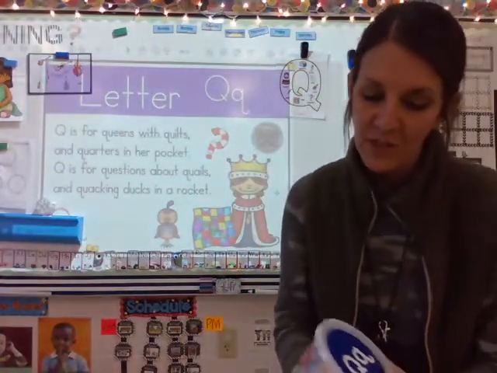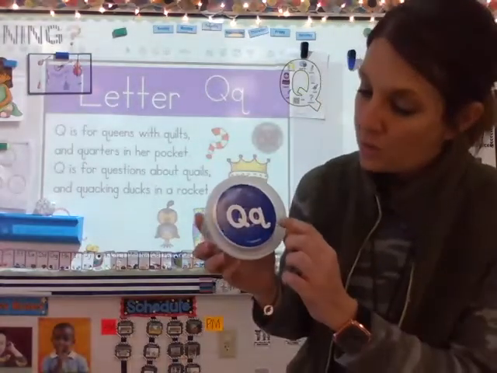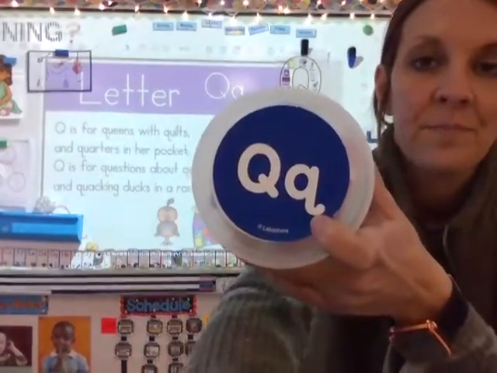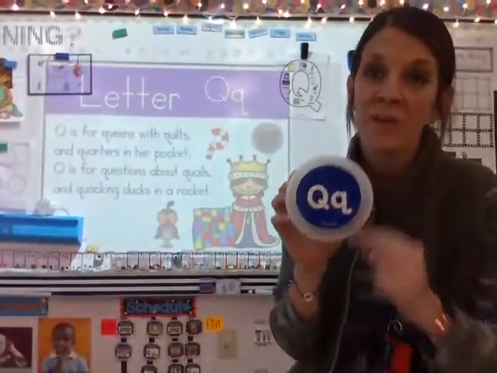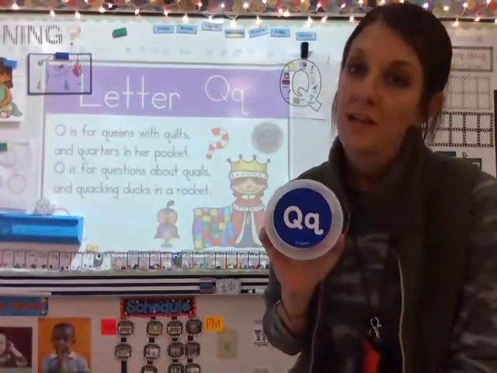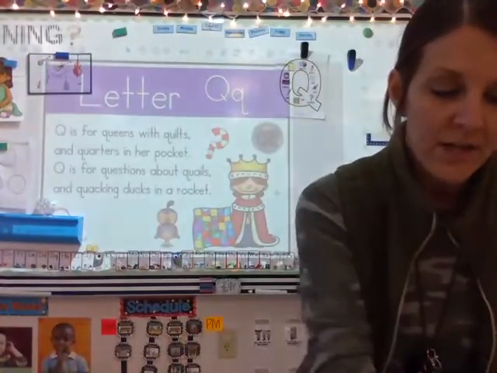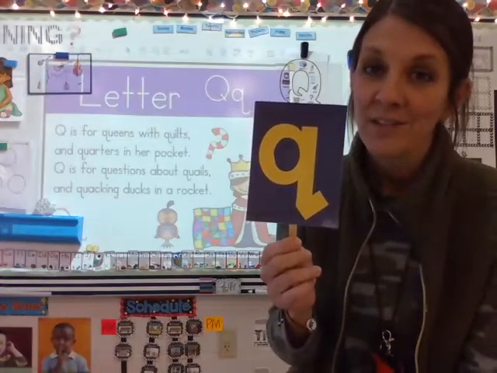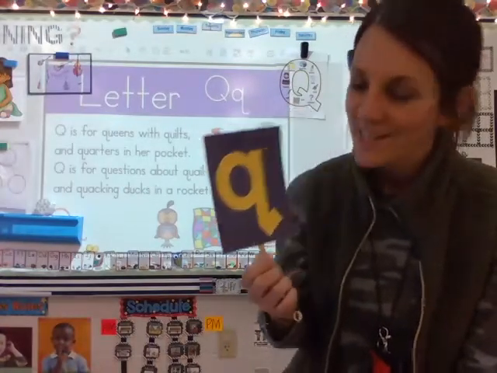My lowercase q, sometimes you'll see it in writing with the little tail and without the tail. I like to put it on there for you all because it really helps you tell the difference between a P and a Q. So here is my lowercase q. Is it made up of curvy and straight lines? It is.